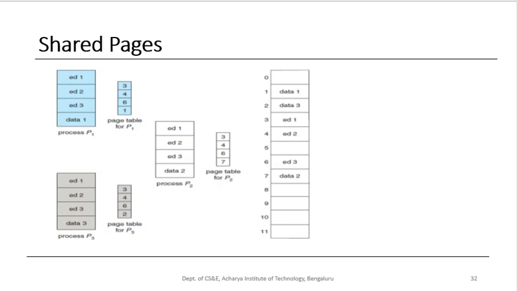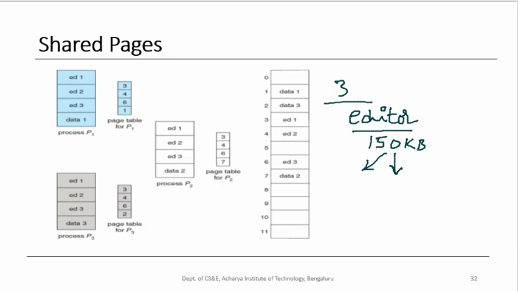Let's say there are three users or three processes, and all these processes are trying to execute the same code. So let us assume that they are all trying to execute an editor process. This editor process is of size, let's say, 150 KB, and divided into three pages of 50 KB each: ED1, ED2 and ED3.